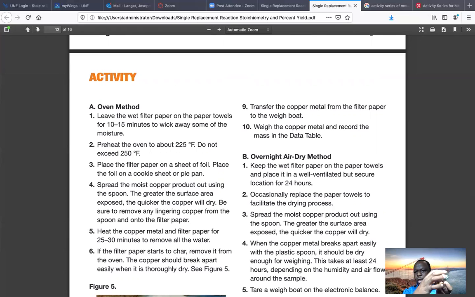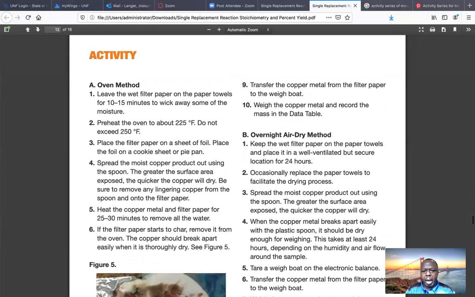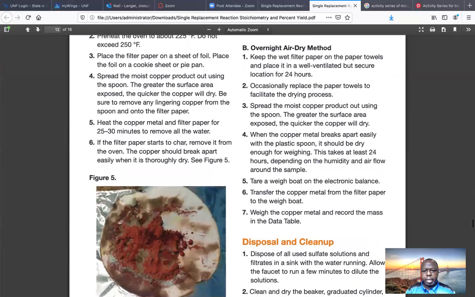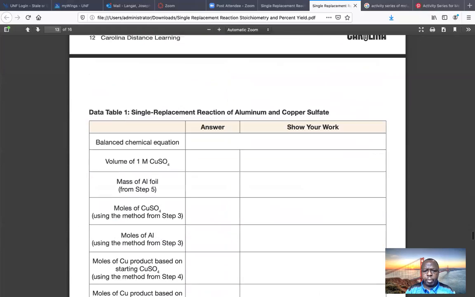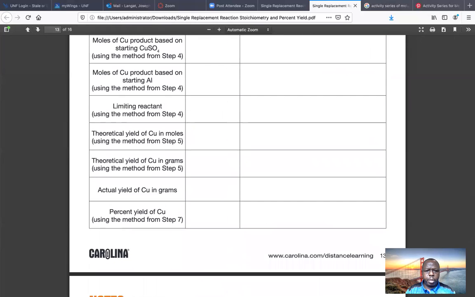Press to zero, and transfer your copper onto the weighing board and get the mass of the copper, and that will be the actual yield from the experiment. This is what you will weigh out.